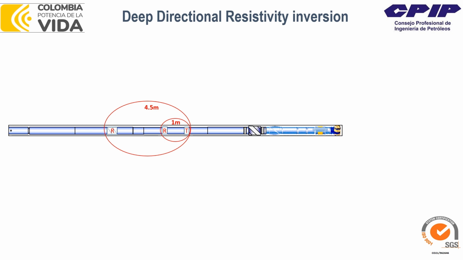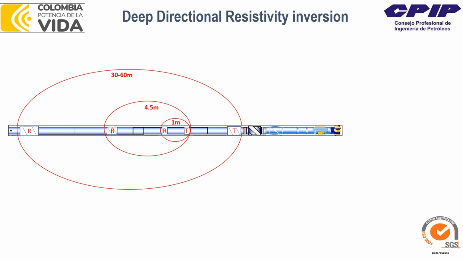Now, in 2014, the market received the second generation of the tools, which was called extra deep resistivity tools. So what happened? Which modifications did they make? They were following the same principle. For example, to get a bigger depth of investigation, they had to put the transmitter and receiver even farther away from each other.